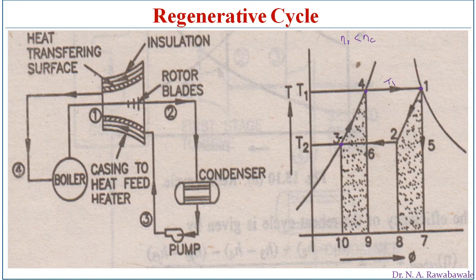The Rankine cycle will be as efficient as the Carnot cycle if the temperature of feed water is raised to saturation temperature by reversible interchange of heat before it enters the boiler. What is the condition? Instead of supplying heat starting from point 3 to 4, if we directly supply this water at saturation temperature in the boiler, then the heat supplied in the boiler is at the highest temperature.